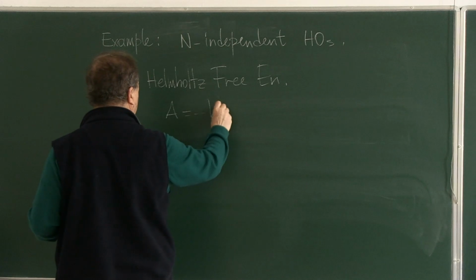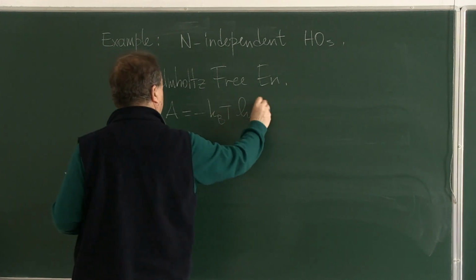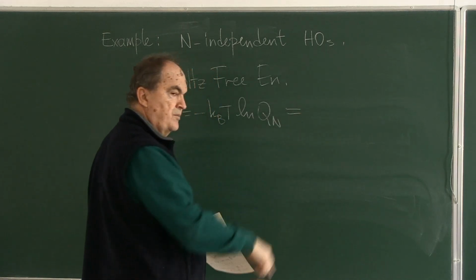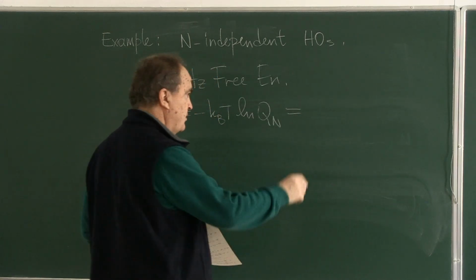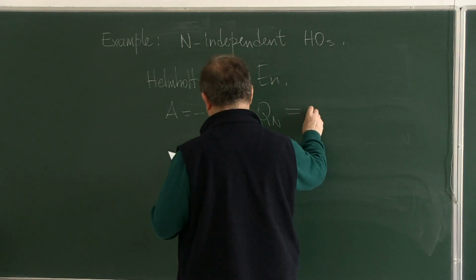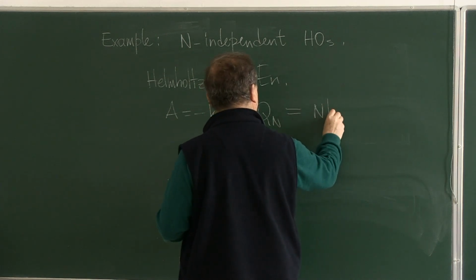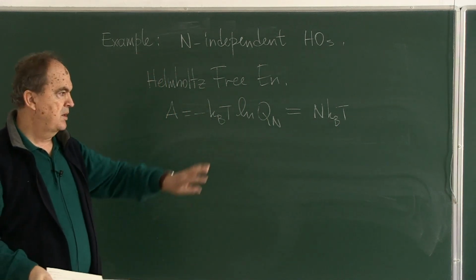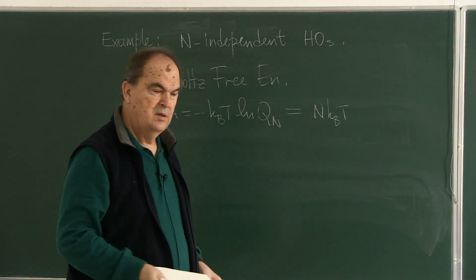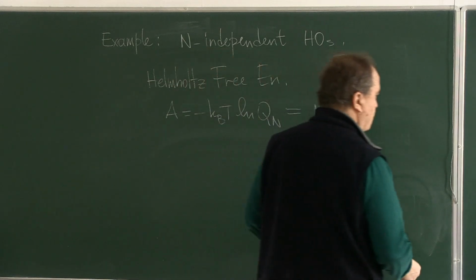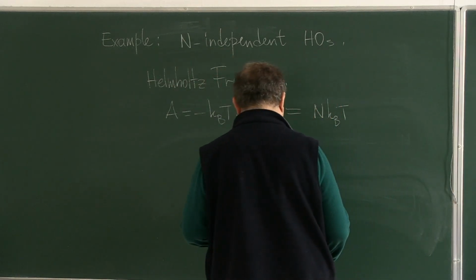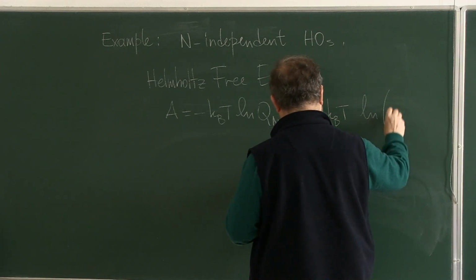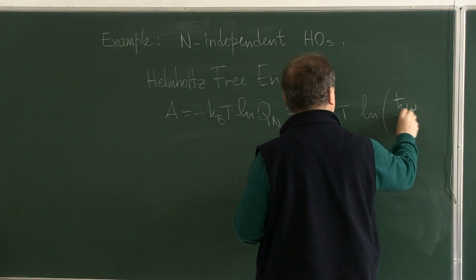Minus kBT ln of Q_N. Very simply, N comes down from the power N, so it becomes N kBT. I can get rid of this minus sign by turning the quotient there. So kBT comes down, ln of h bar omega over kBT.